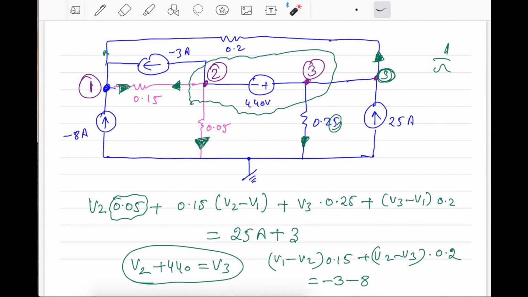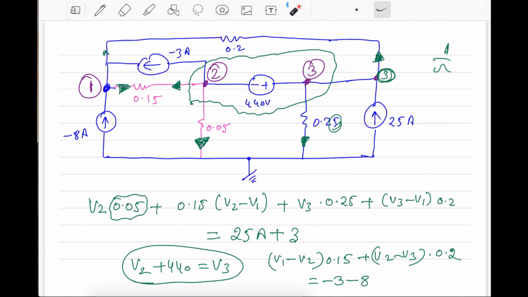Sir, can you again explain the last equation? This is simply like you have a current entering the node, and this is also a current entering the node. So these two current sources, which are -3 and -8, will be added together and put on the right side, and the current leaving the node is V1 minus V2 into 0.15, and then you have a current leaving this node like this, V1 minus V3 into 0.2.